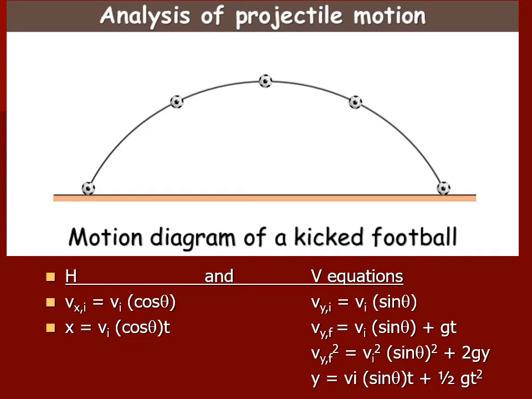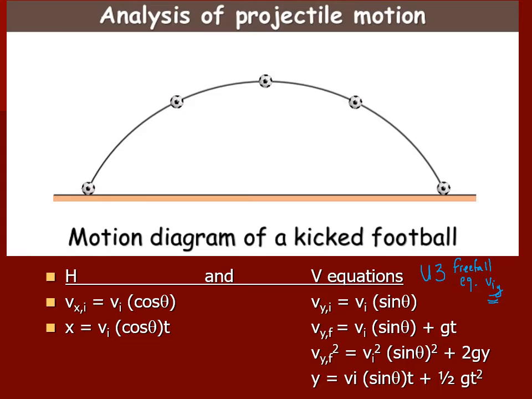Okay, here's that soccer ball again, and all I've done on this slide is grab the horizontal equations we just talked about a moment ago, and I put them on the left underneath the H for horizontal. And over on the right, I have a V for vertical equations. These equations are Unit 3, and they are essentially free fall equations, but now there is an initial velocity in the y direction.